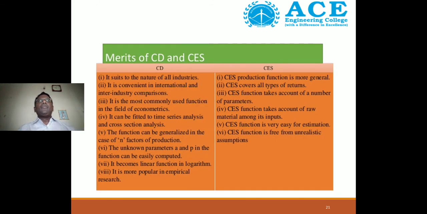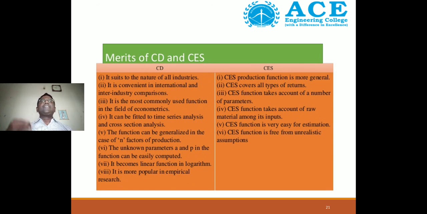Then what is the difference between the Cobb-Douglas production function and the constant elasticity of substitution production function? The Cobb-Douglas production function is applied to the nature of all industries, whereas CES is more general. Cobb-Douglas is convenient for international and inter-industry comparison, whereas CES covers all types of returns.